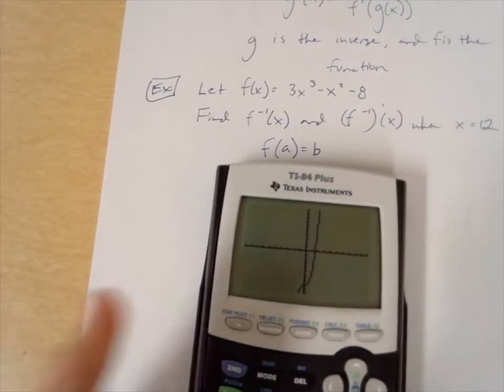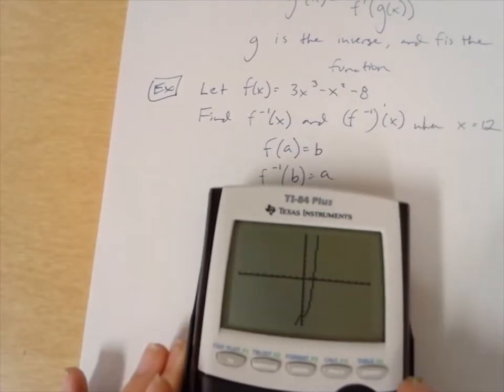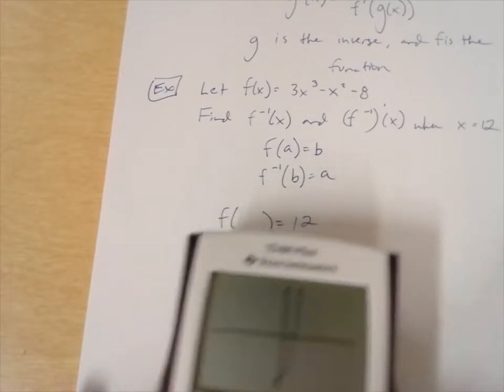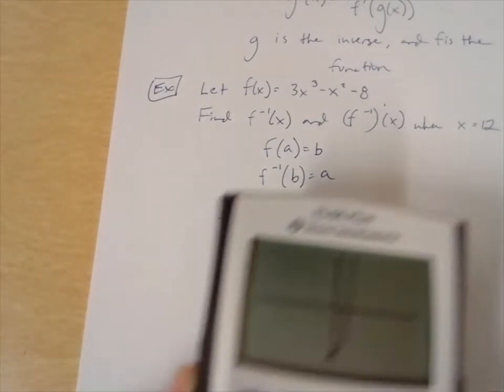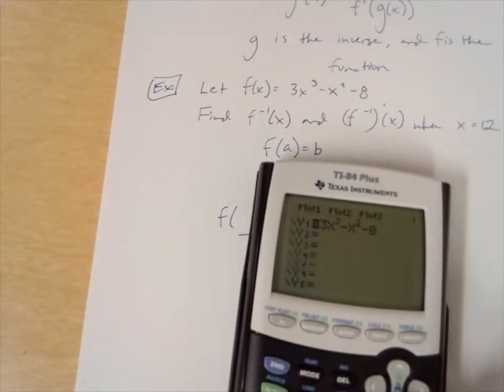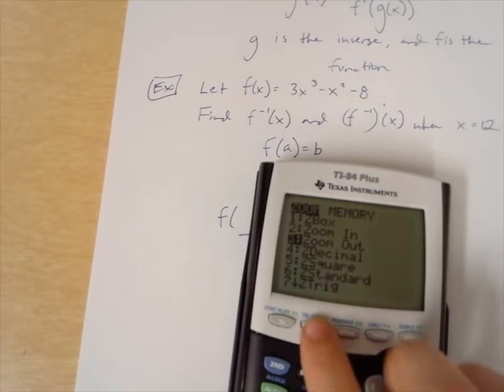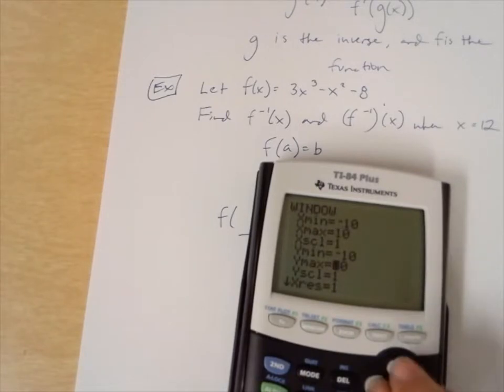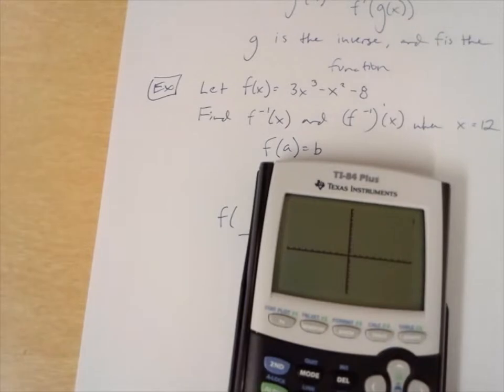And what we can do here is, it's kind of hard to see exactly where our function is 12. What we can do is we can go back to y equals, we can graph y equals 12, and let's fix our window for a second so we can include that 12. Let's make our max like 13. Okay, there we go. Now we can see it at least.